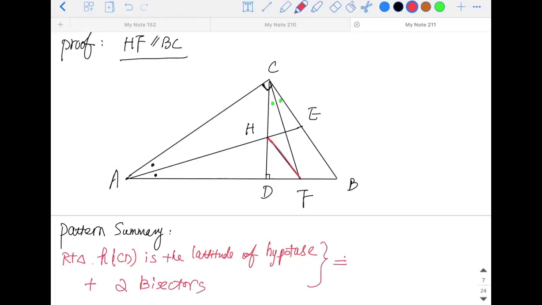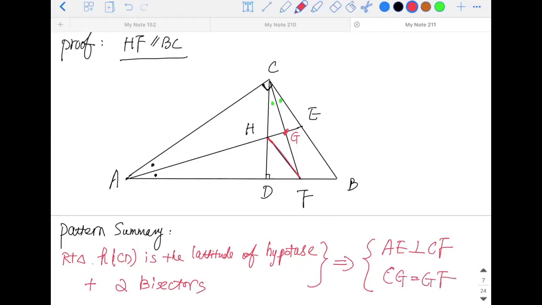You can automatically have two very important conclusions. One is AE is perpendicular to CF. AE is perpendicular to CF. Second, if I give the name G to this point, you can have CG equal to GF.